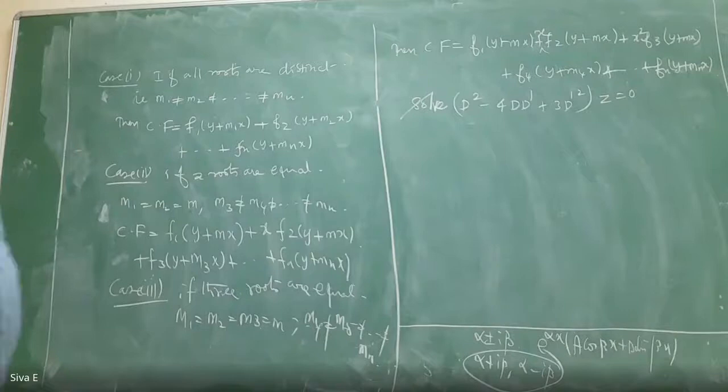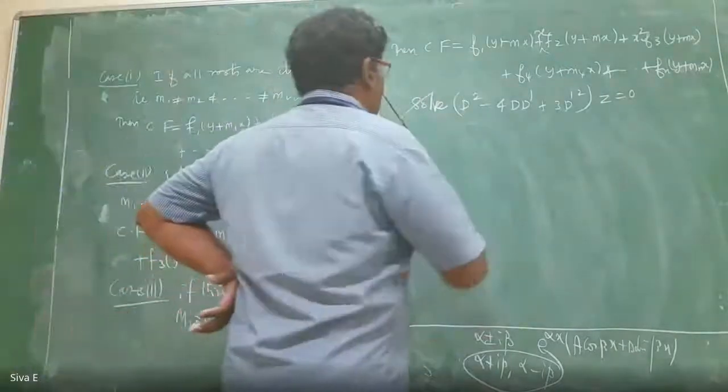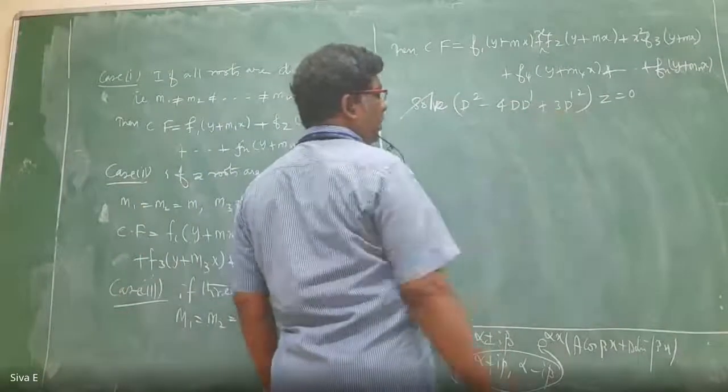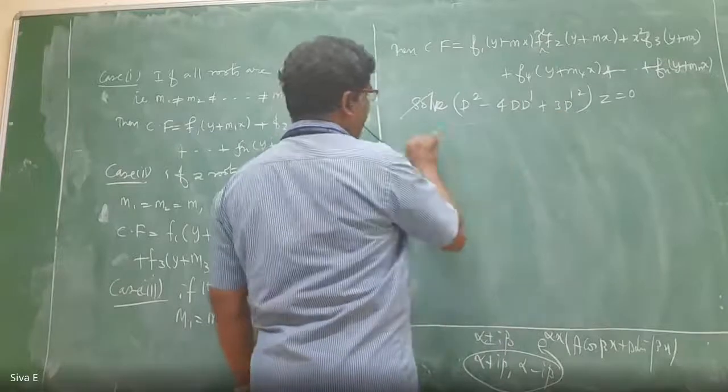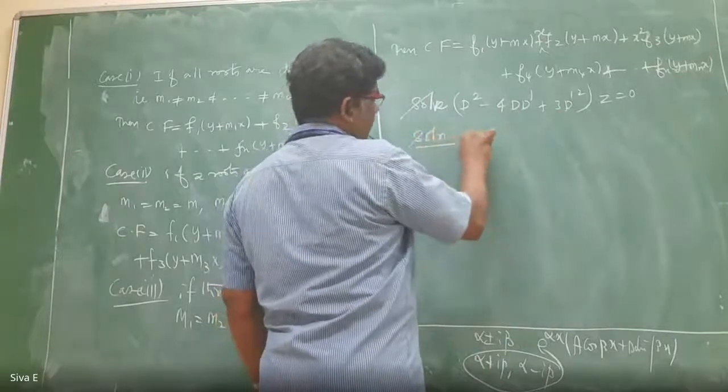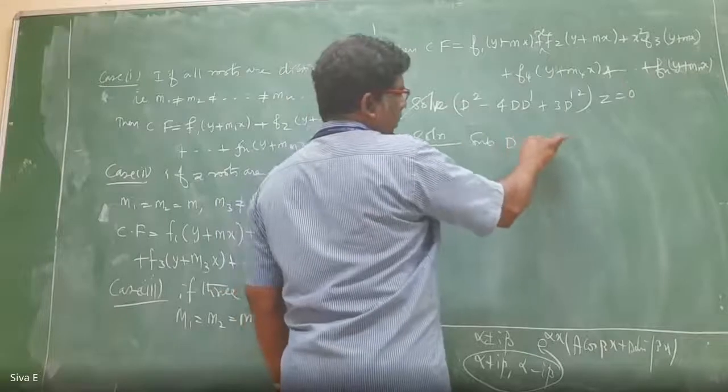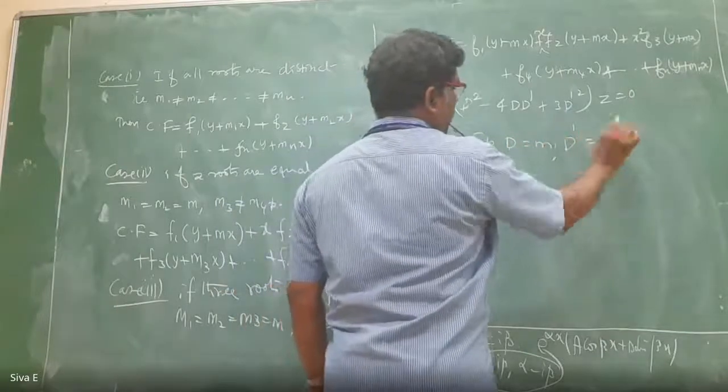Now, how can you find the answer for this? Here there is no particular integral, only the complementary function we can find. Write the solution substituting D equal to m, D dash equal to 1.